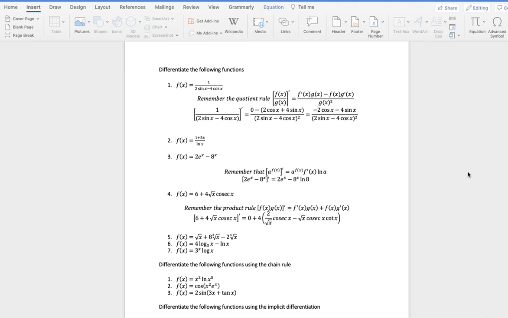Jonathan, yes. I think it's supposed to be 2 over root x cosec x minus 4 times root of x cosec x cot x. Okay, so you already multiplied in the 4. No, that's fine. Have the 4 there and not there. Okay. Guys, try it then and double check.